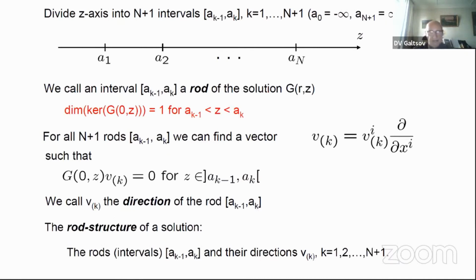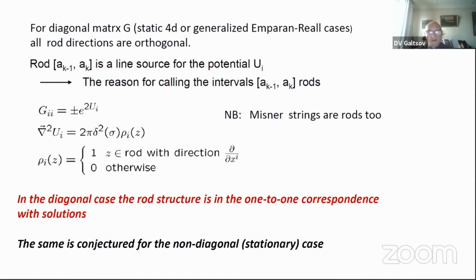The rod structure is the following. It is a structure consisting of all turning points and null vectors, which are uniquely defined in each rod.